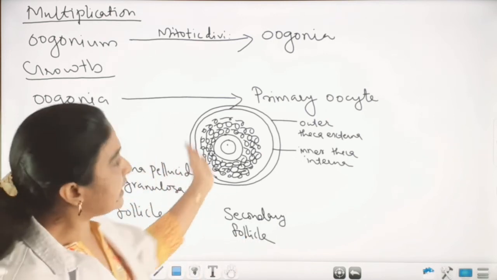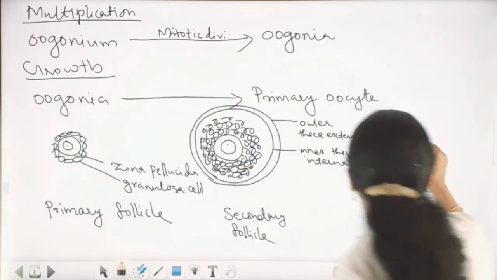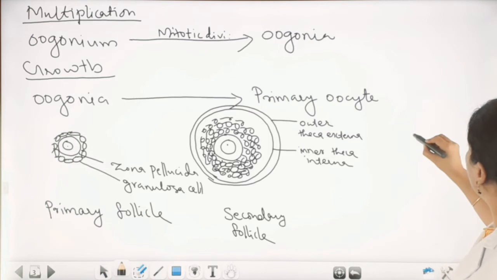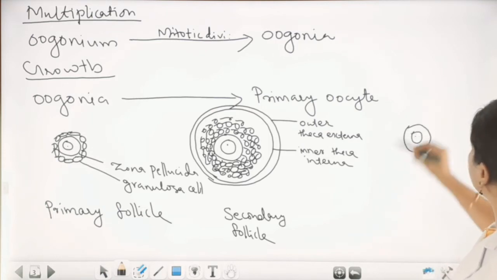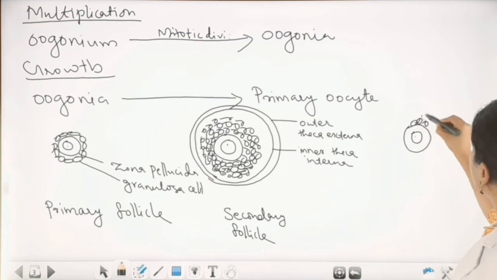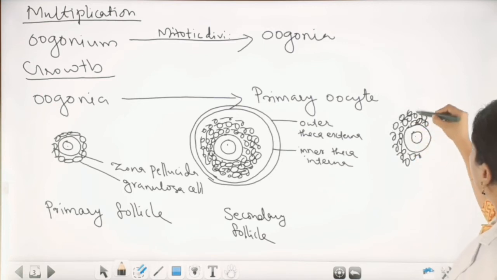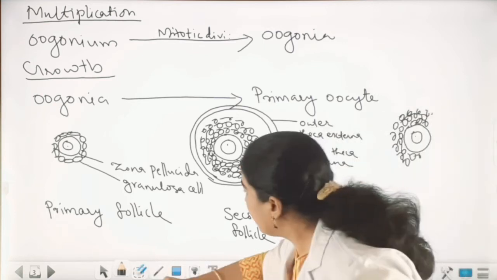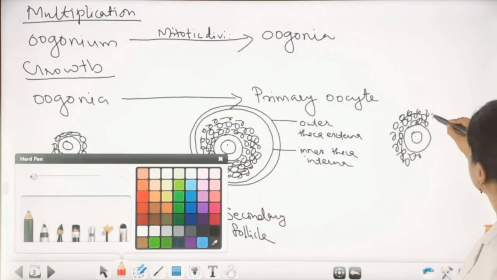And now we can see it undergoes development or increase in size. Again we can draw the primary oocyte, then zona pellucida, then several layers of granulosa cells. Along with that we can see one more structure over here.